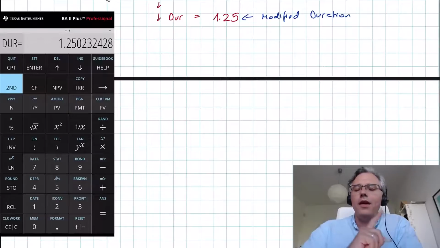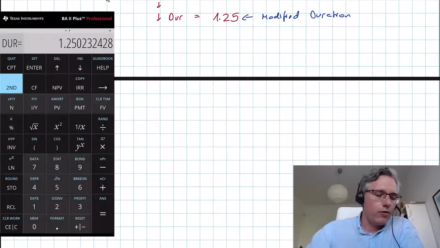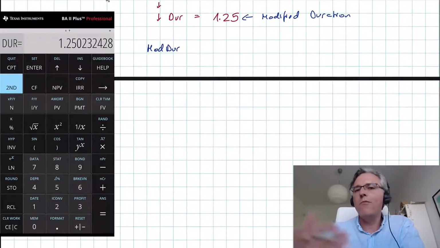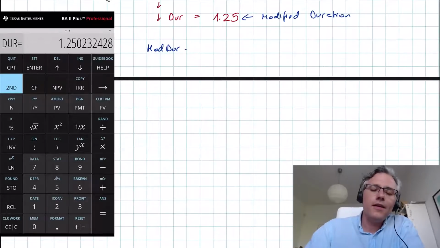However, there is a nice way in which you can convert between Macaulay duration and modified duration.